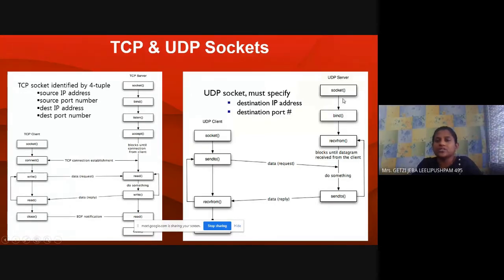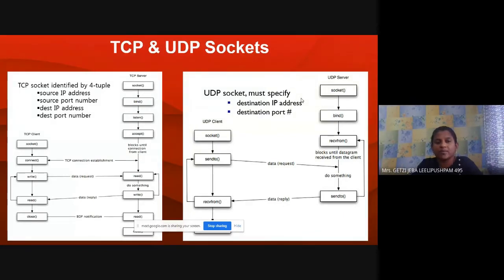This is what happens in the UDP server. After bind, the recvfrom function is used to receive the data from the client, and the sendto function is used to send a reply to the client. For a UDP socket, it is enough that it has the destination IP and destination port number. There is no need to communicate the source port number in UDP.